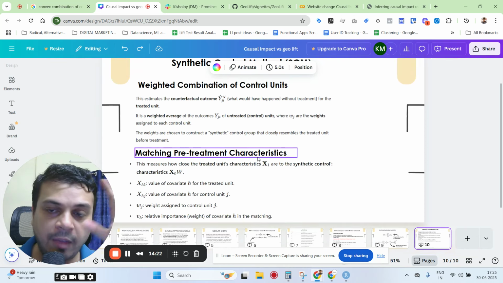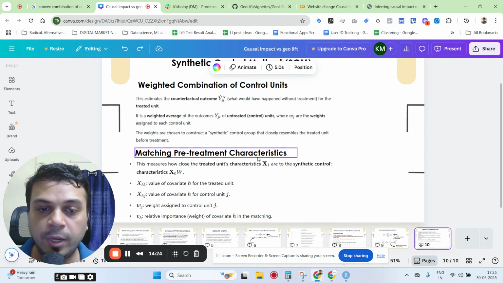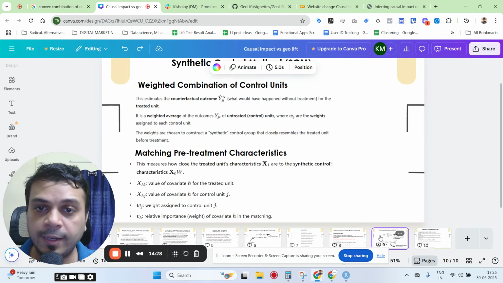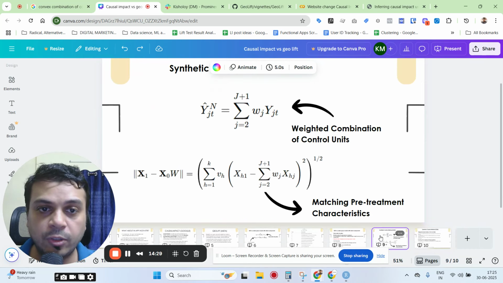You have a control group and you have a test unit, and by the way, your test unit is usually one in the case of synthetic controls, but you can have augmented versions where you can have multiple test units as well. So this is the counterfactual outcome. You want to choose synthetic controls which resemble the test unit very closely.